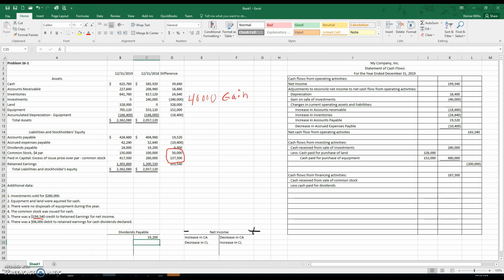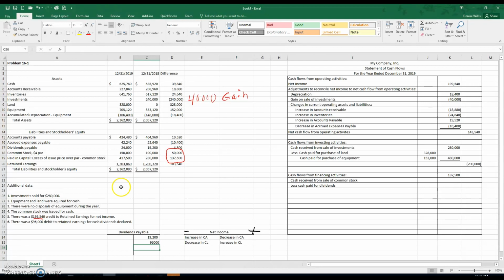We're told that there was a $96,000 debit to retained earnings for cash dividends declared. When we debited retained earnings, the credit for that entry would have been to dividends payable. So we had a balance of $19,200, and then we increased it by $96,000.